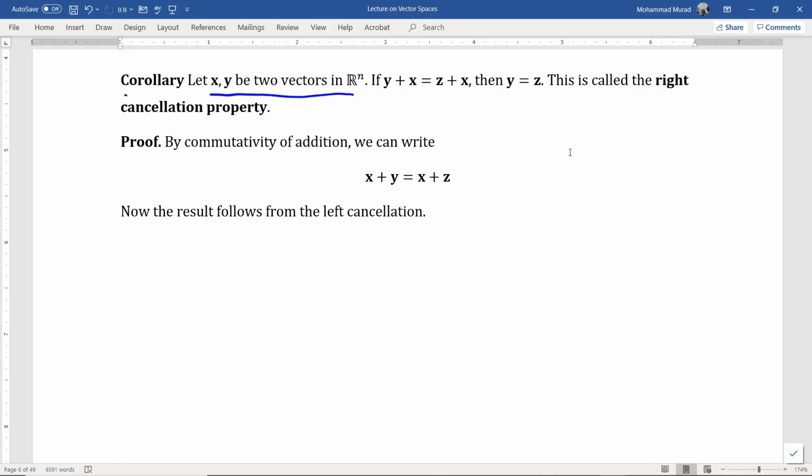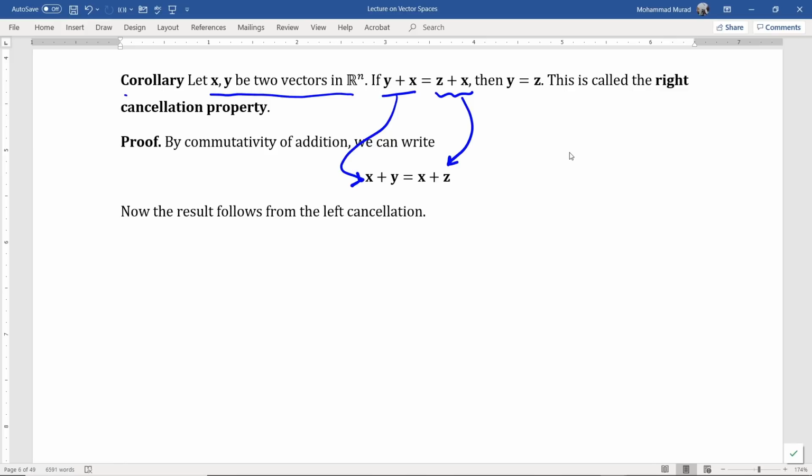Let's see the proof. By the commutativity of vector addition, we can write the left-hand side of the equation in this form. Y plus x can be written as x plus y. Similarly, the right-hand side of the equation can be written as x plus z.